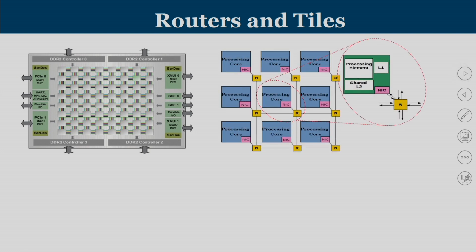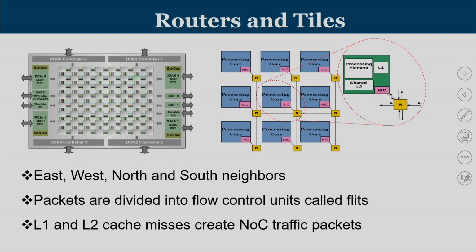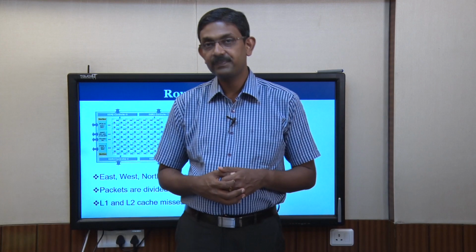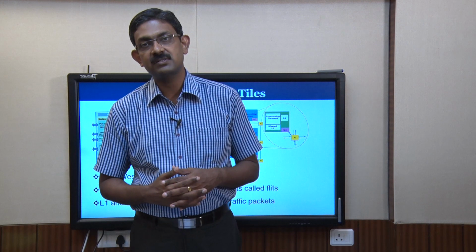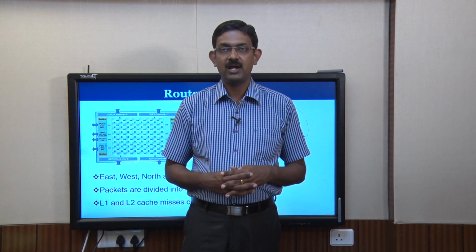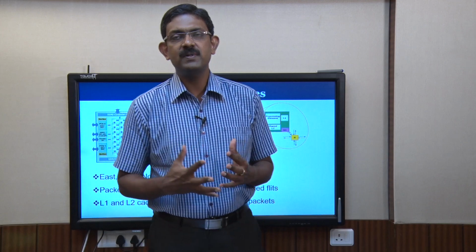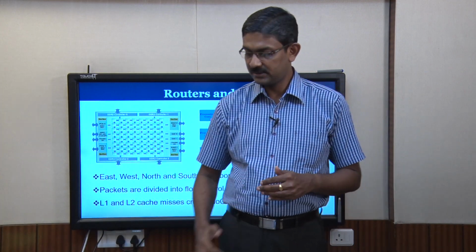Each tile consists of processors and multiple cache hierarchies, and is connected to a router, and the router has east, west, north and south neighbors. A packet is the unit of transfer between one tile to another, and these packets are communicated with the help of a sequence of flits, and flit is the basic flow control unit. L1 and L2 cache misses are responsible for creation of packets. This much is what we have covered in our last lecture.